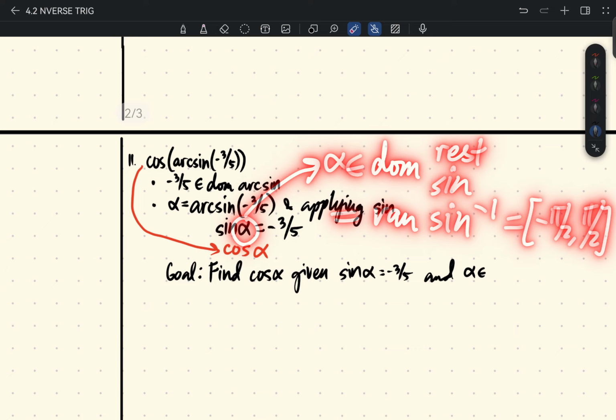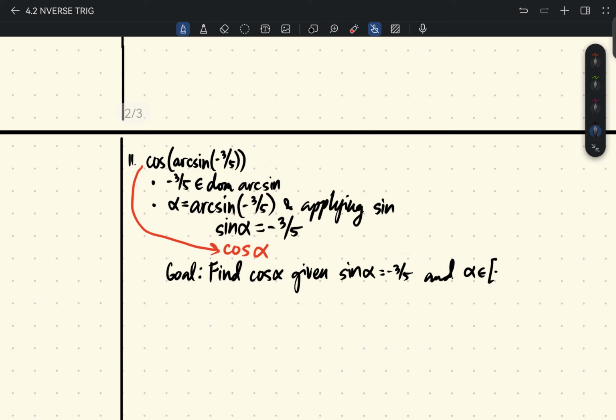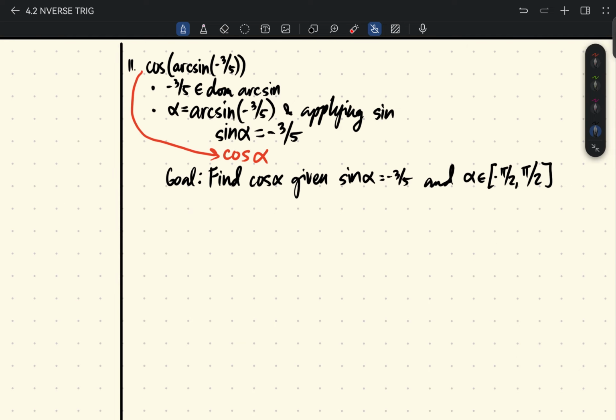So you want alpha to be in negative pi over 2 to pi over 2. In this case, what are we looking at? Your alpha is given such that it sweeps or covers quadrants 4 and 1. So you have quadrant 1 and quadrant 4.